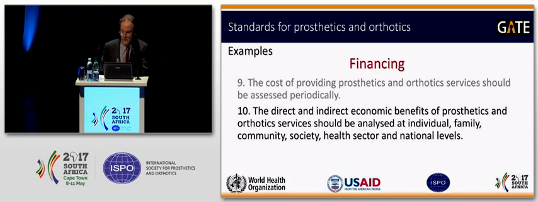And we hope that this can be done by countries together with international support, because it would be very important to know the economic benefits, to get an understanding of that and to be able to compare that with the costs.